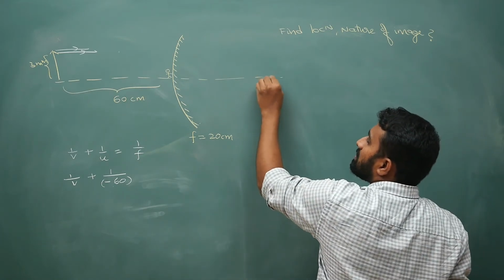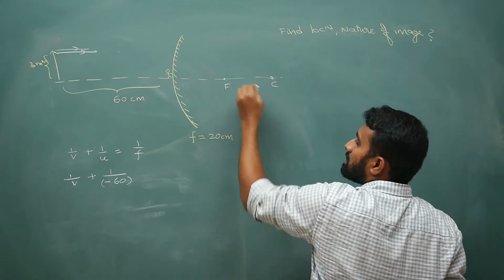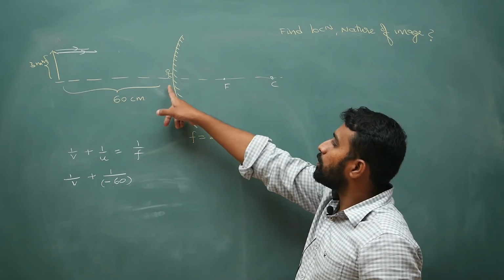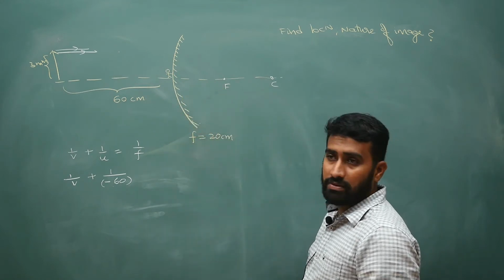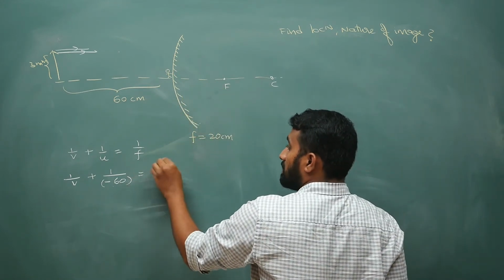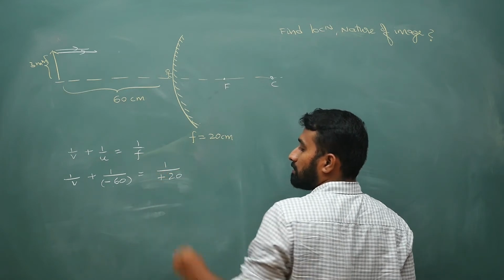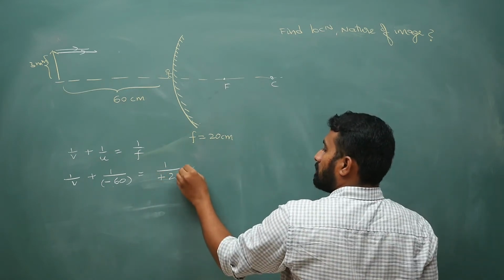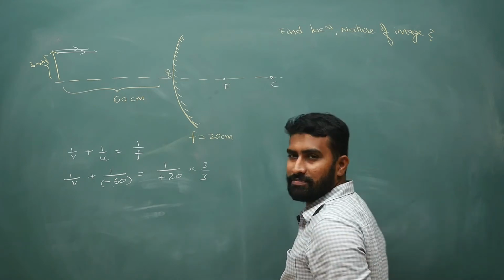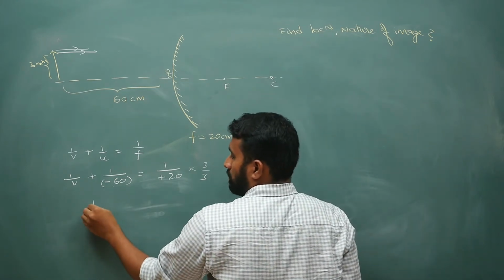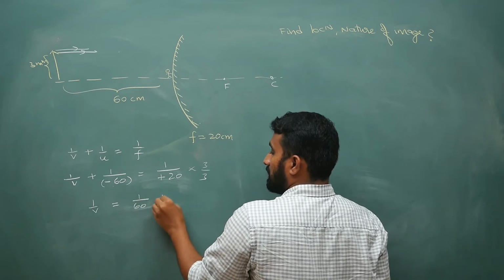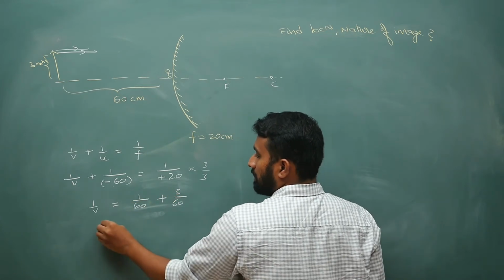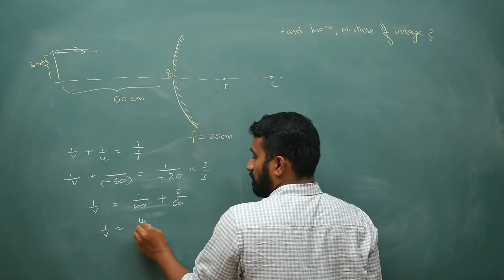So now for this, center of curvature is here, focus is here. So from pole, if you are trying to measure the focal distance, you are going in the direction of incident ray. So that is why it is 1 by plus 20. Okay, into 3 by 3. Why? Because in the numerator it is 60. So 1 by v is 1 by 60 plus 3 by 60. 1 by v is 4 by 60.